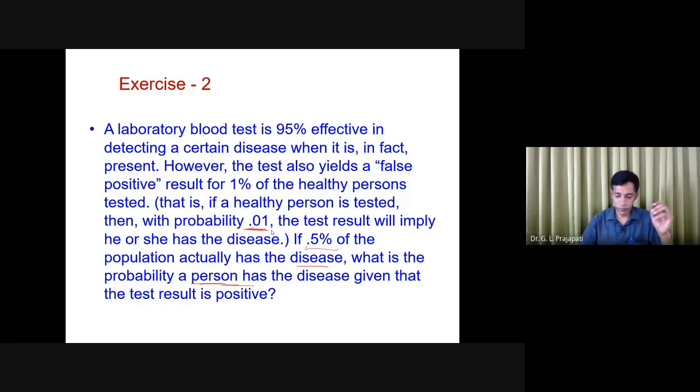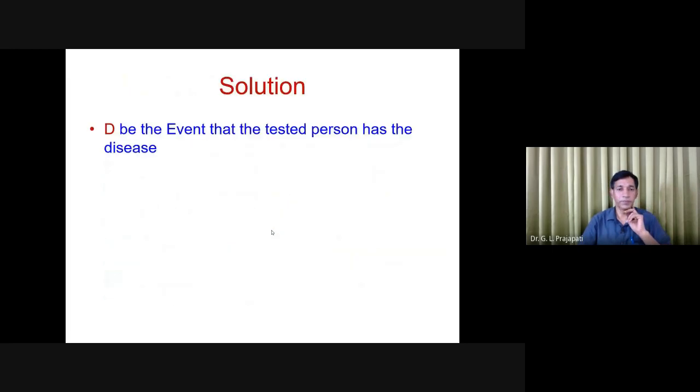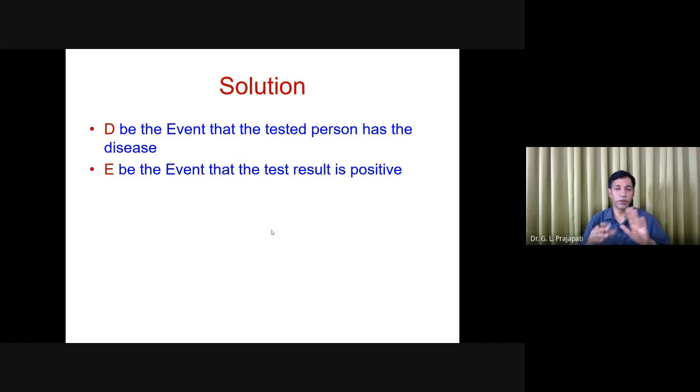So D be the event that the tested person has the disease, and E be the event that the test result is positive. The person may be healthy and your test result may be positive, or the person may not be healthy and your test result is positive.